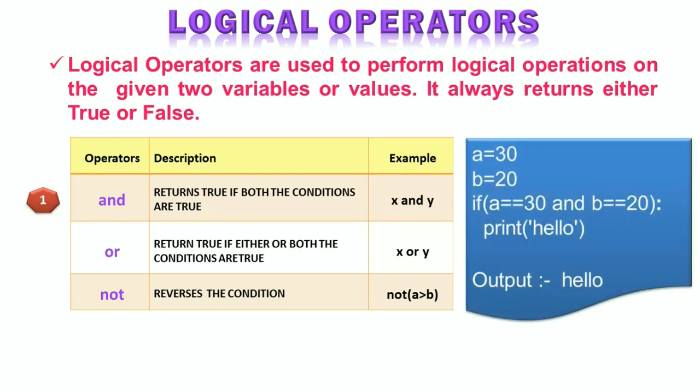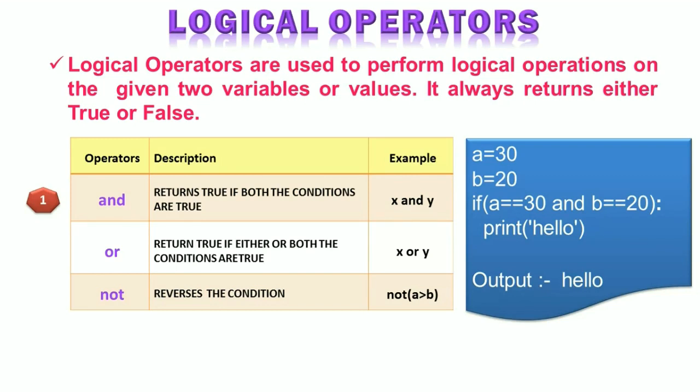Like here we can see the example. A = 30, B = 20. Now if the conditions are true, a == 30 and b == 20, it will print hello. Here in this case both a and b, the values are matching.